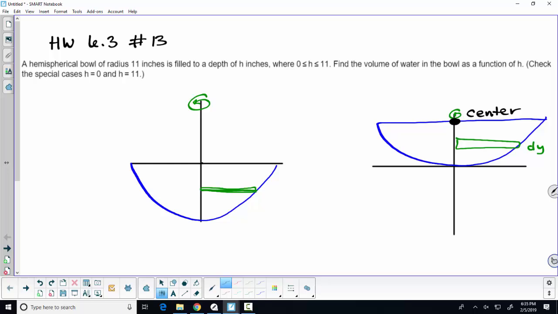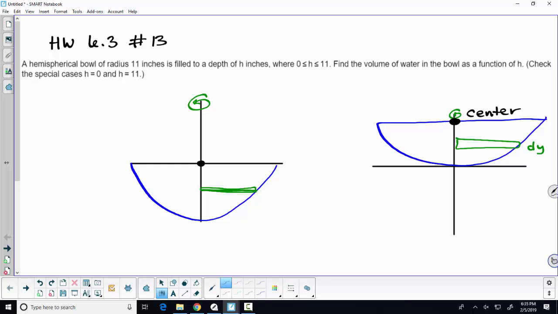Here, if we orient it in this direction, the center of the circle is at the origin, so you end up with a simpler equation or function. Here we have a circle centered at 0,0 with a radius of 11.